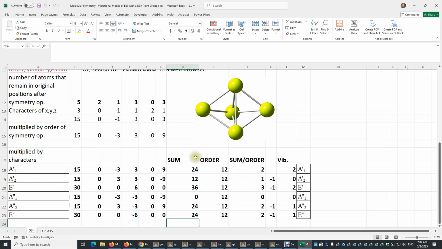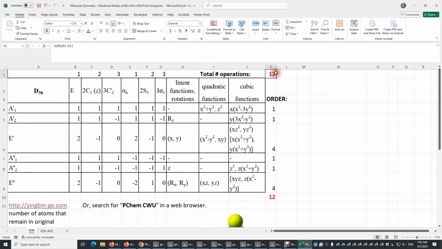And now we have the sum divided by the order of the D3h point group, which is 12. Again, this 12 is the number of symmetry operations here. If you sum up the numbers of symmetry operations, it's actually 12.